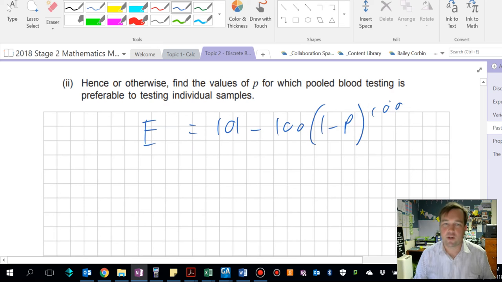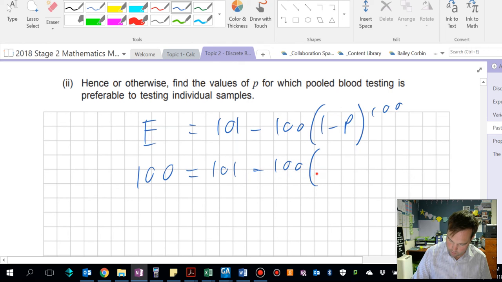Now, if we've got 100 people, we would either expect to have 100 tests individually, or this is the expression for the pooled sample. And we're looking for the values of P for which this side is lower. So we want this side here to be smaller because that's the pooled testing.